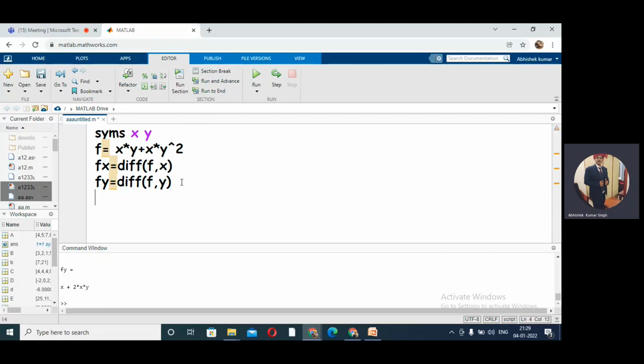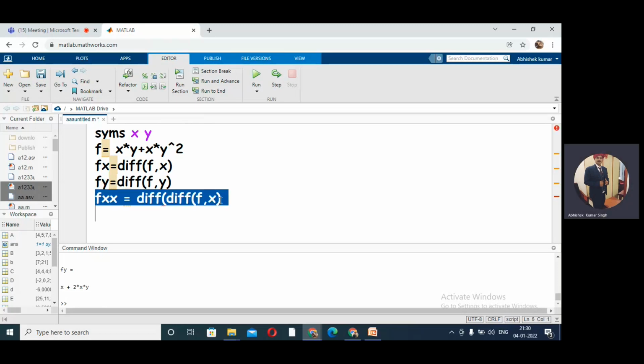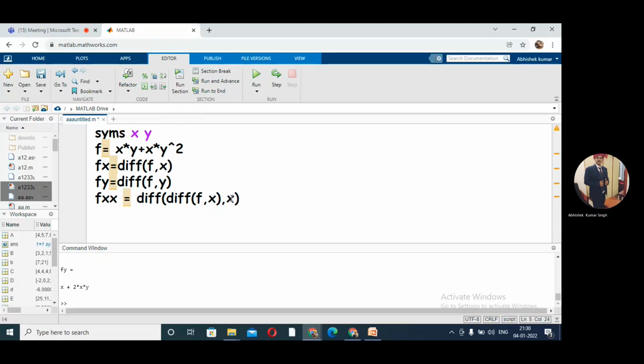Okay, now we have fxx, double differentiation of f with respect to x. Again we can differentiate using the diff command, comma x. Right, this is your fxx.